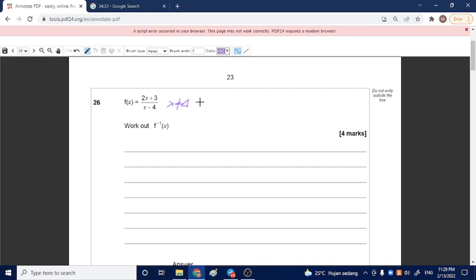I forgot how you determine the range. I mean, take the fact that f(x) is equal to 2 plus 11 over x minus 4. So yeah, y is not 2.